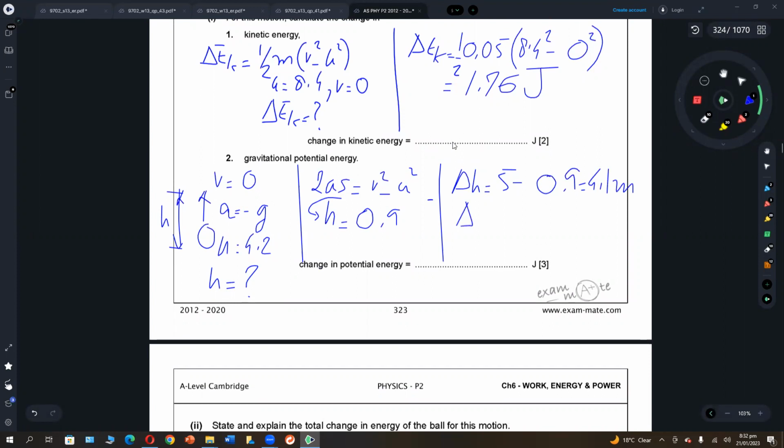फिर पोटेंशियल एनर्जी का जो चेंज है वो निकालो. This is the formula.